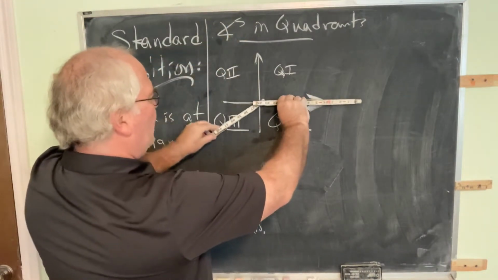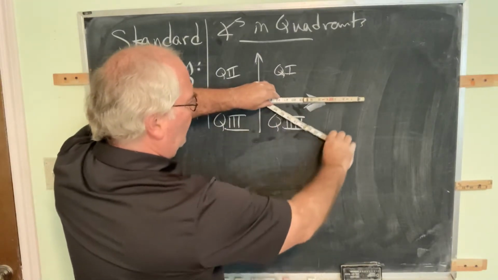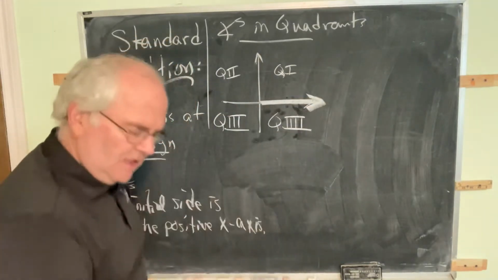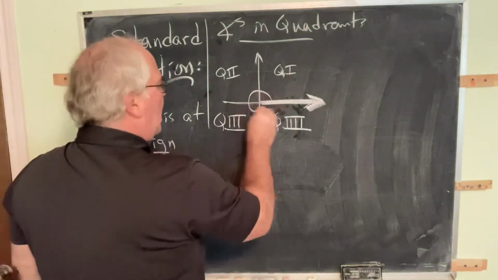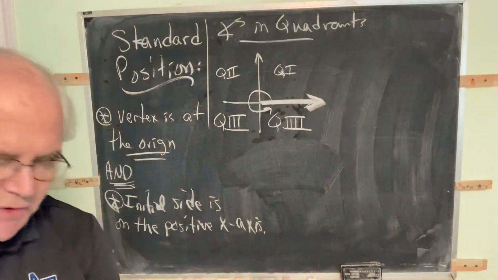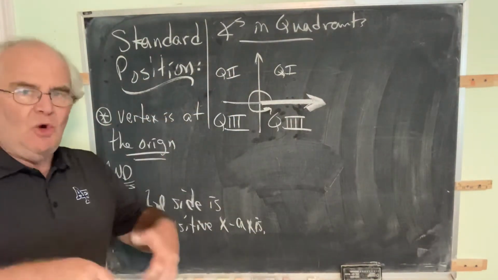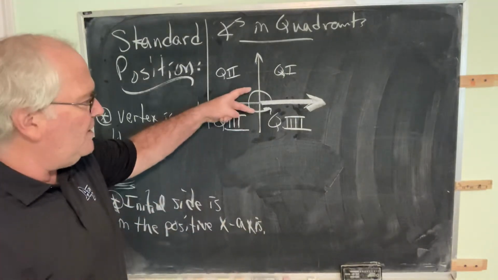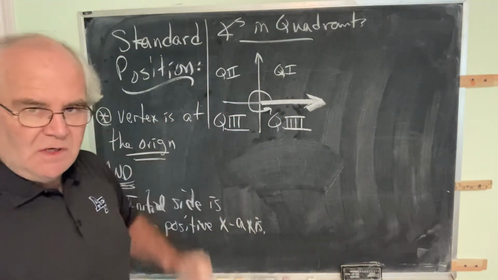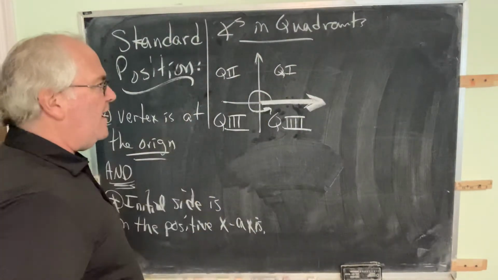This is now the third quadrant, and then finally this is the fourth quadrant. The reason this is numbered in this counterclockwise fashion is because of trigonometry. Even way back in the very early days of basic algebra, this was a foreshadowing of what was going to be happening here in trigonometry. That's why these are numbered this way.